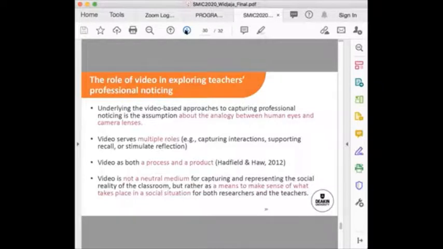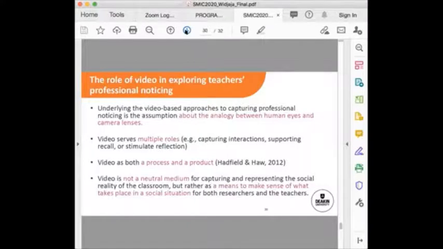There are definitely different affordances and constraints. So video does serve multiple roles. It can capture interactions, and it can support stimulated recall and stimulate reflection. We see it both as a process and a product, and we agree with those two researchers there.